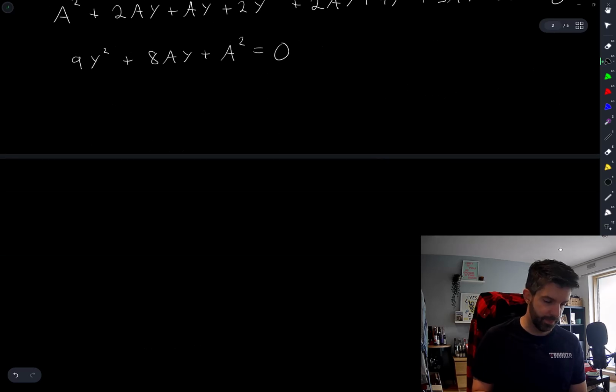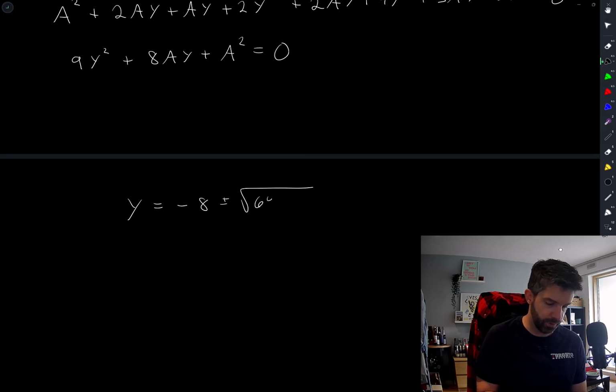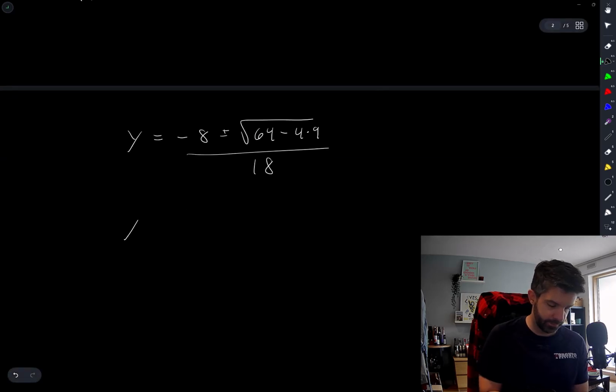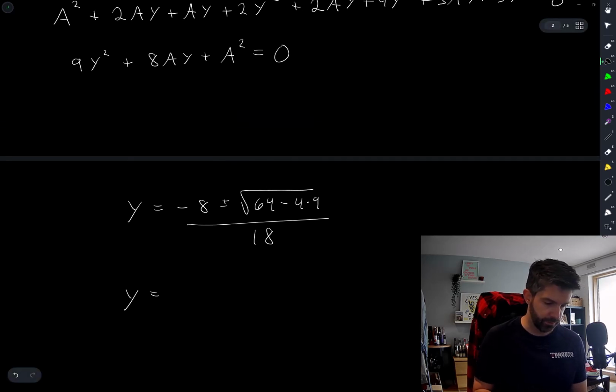Okay, so y is equal to -8 plus or minus the square root of 64 minus 4 times 9 divided by 18. Oh, hold on, no, there's A's all over the place.